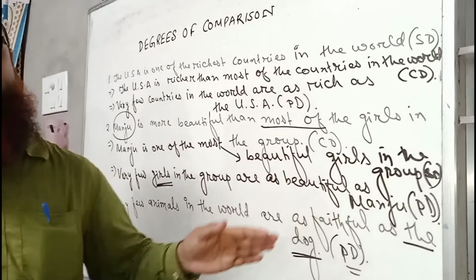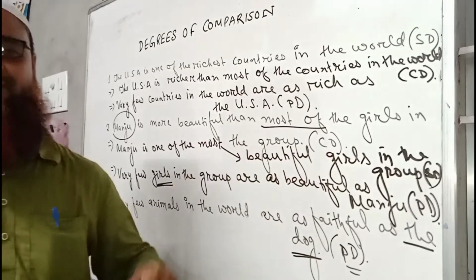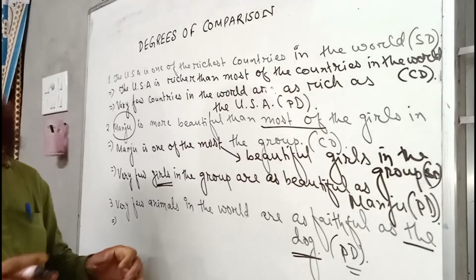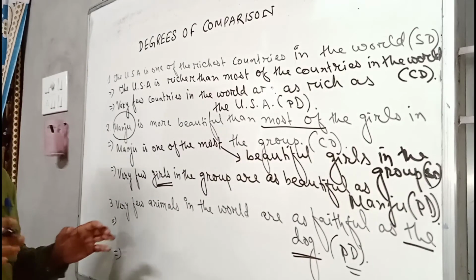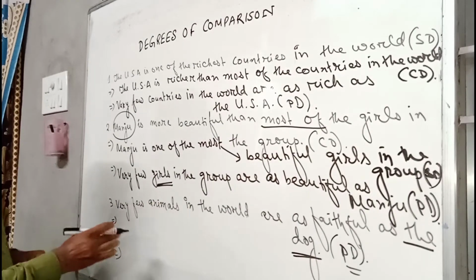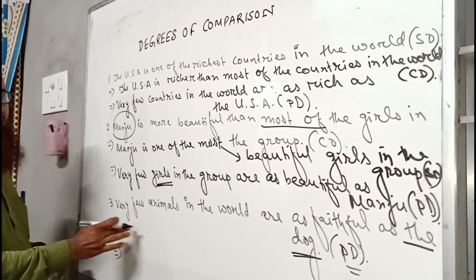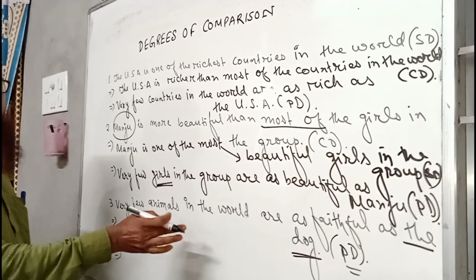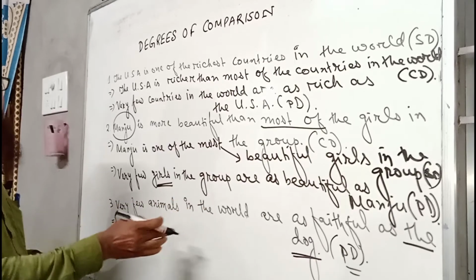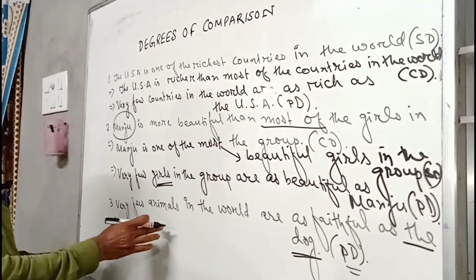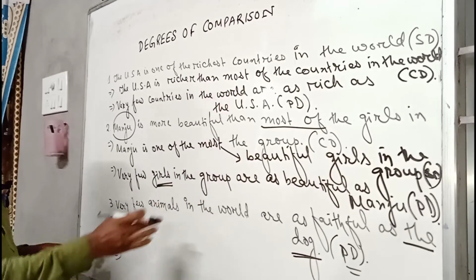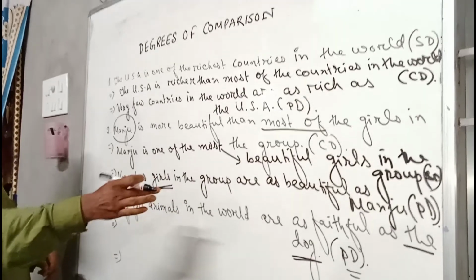About whom something is spoken in the sentence, that becomes the subject. That is why in comparative it will come to the very first, and in superlative it will also come to the very first. Okay, now we will start this sentence with the dog.